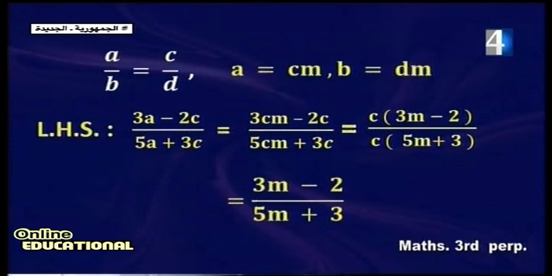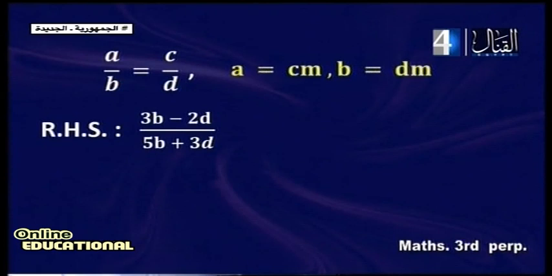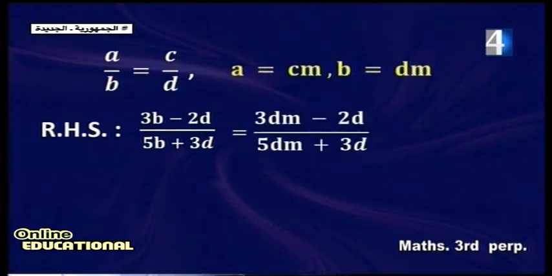Let us start with the other side, which is the right-hand side. RHS is (3B minus 2D) over (5B plus 3D). By substituting for A and B, 3B equals 3DM, minus 2D, over 5B, which means 5DM plus 3D. Yes, you have noticed that you can take D as a common factor from the numerator.